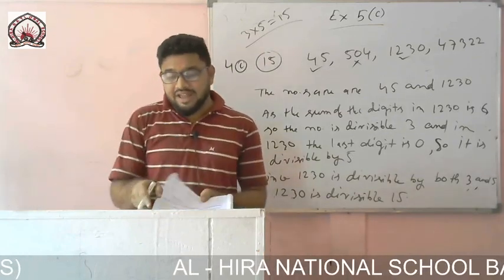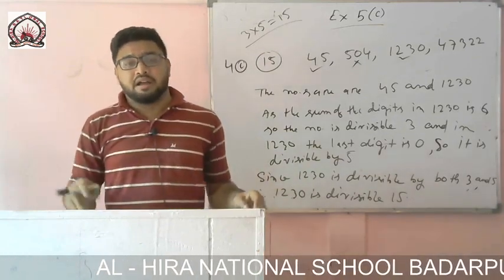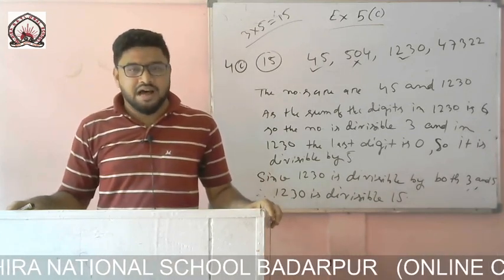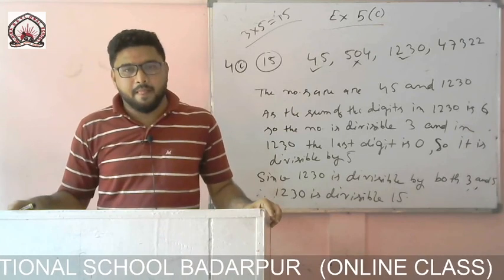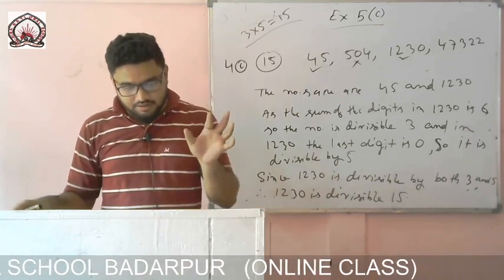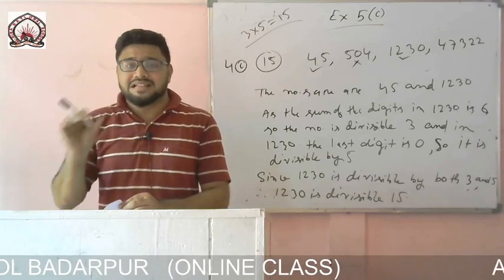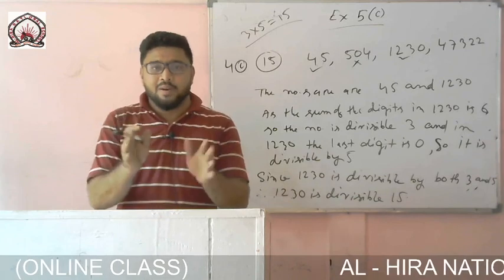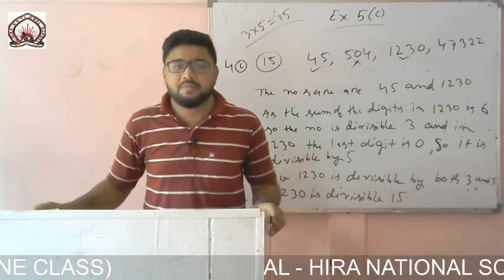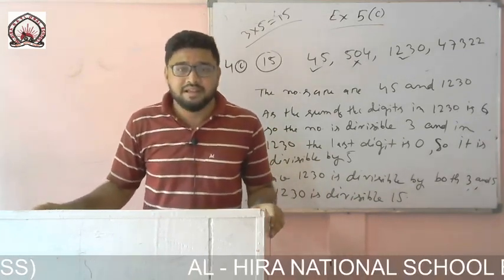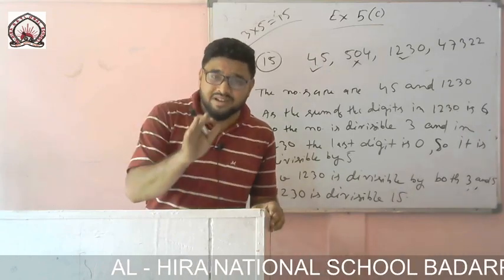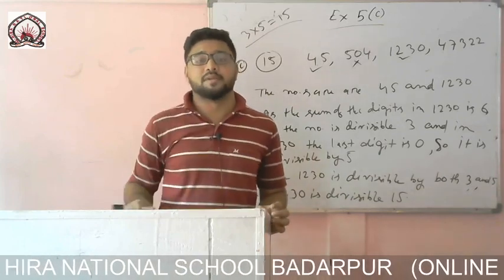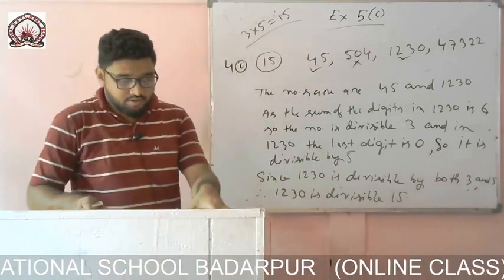We know that we first find the sum of the digits in the odd places, then the sum of the digits in the even places, then the difference of the two sums. If the difference is divisible by 11, or if the difference is 0, then the whole number is divisible by 11. So let us solve.